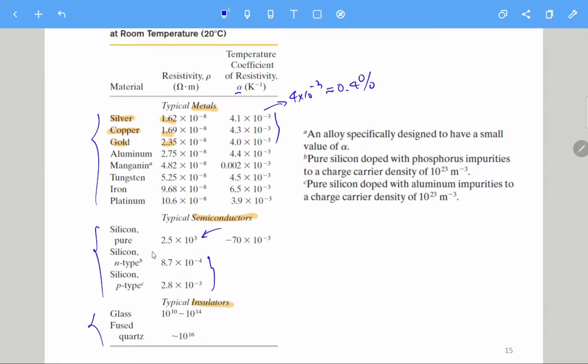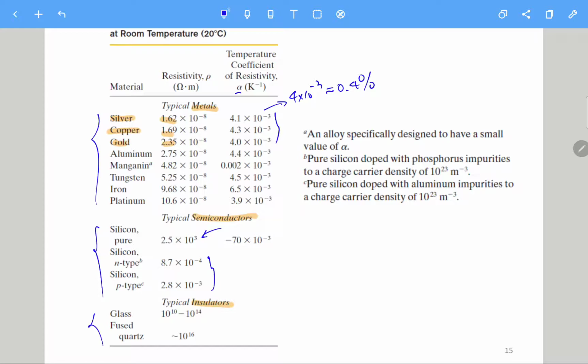However, for the semiconductor, we can manipulate the voltage given to its node, and we can vary the resistance of a semiconductor.